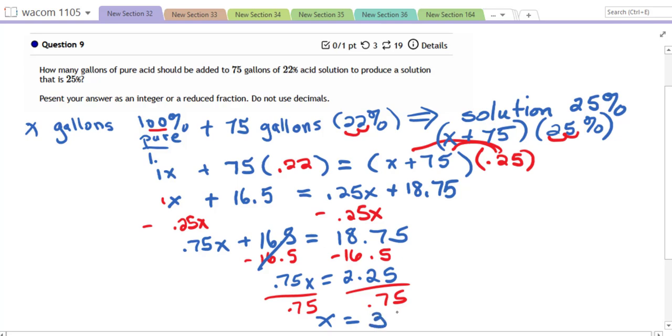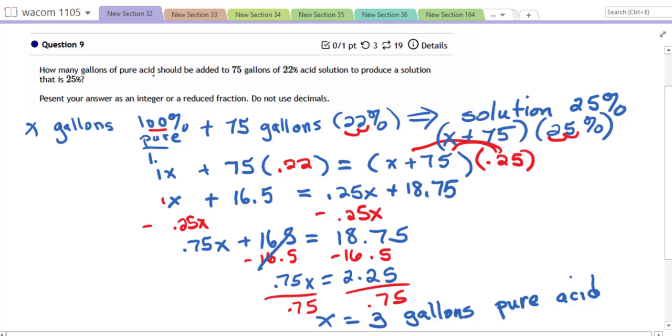And this was gallons, so 3 gallons of pure acid added to 75 gallons of 22% will produce a solution that is 25%.